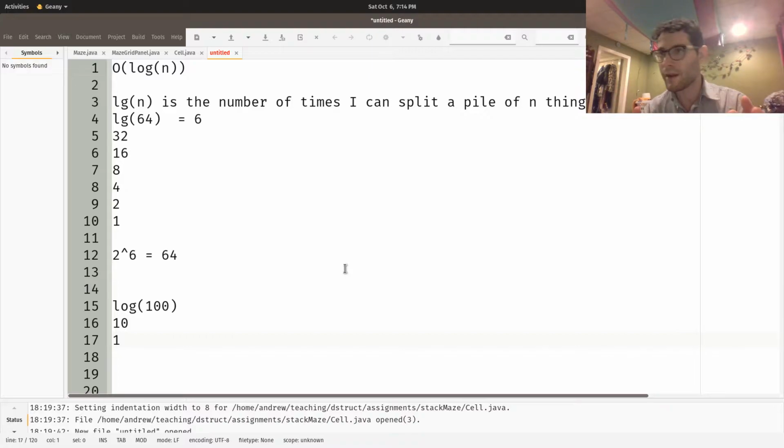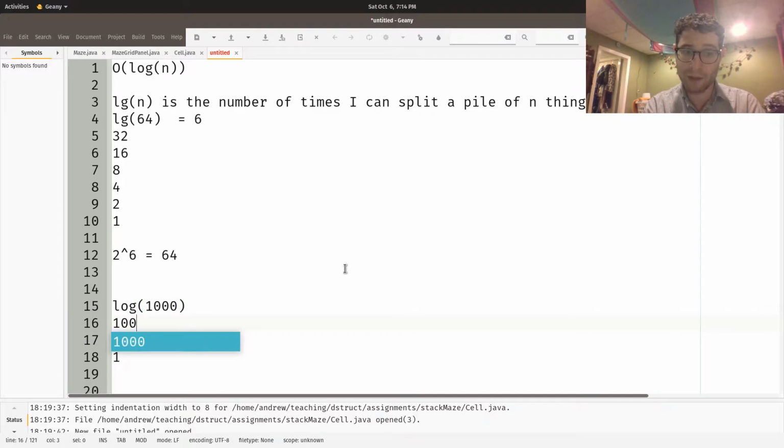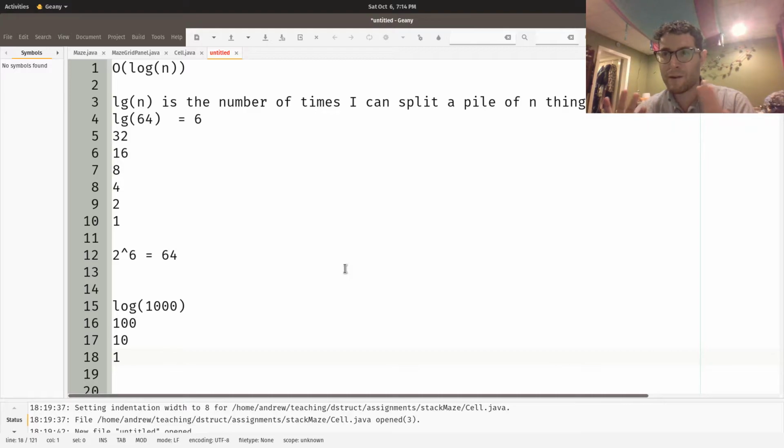10 squared is equal to 100, right? Same for 1,000: that would be 10 piles of 100, and those piles of 100 would be split into 10 piles of 10, and then 10 piles of 1, and so on and so forth. Now notice that this very carefully avoids decimal points and what happens when stuff is uneven. I'm just talking about things that can cleanly divide wholly.